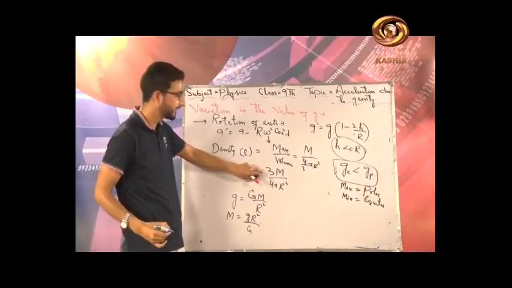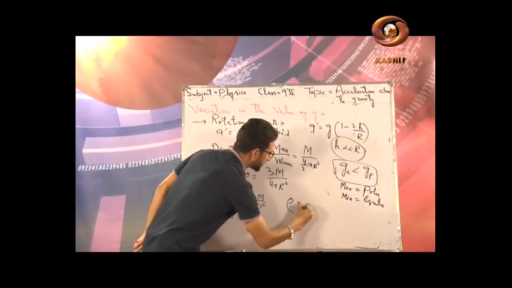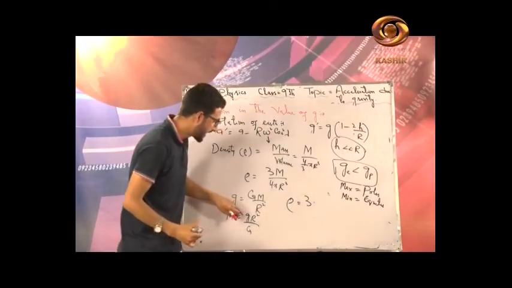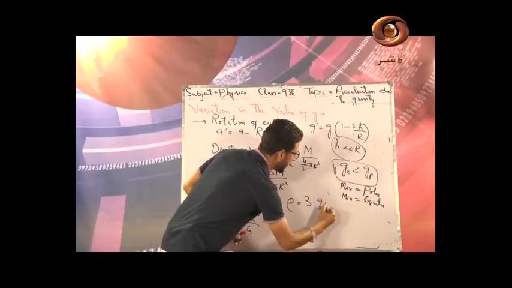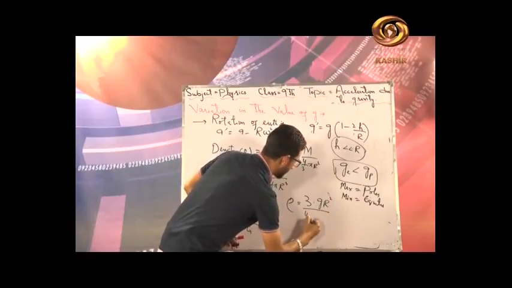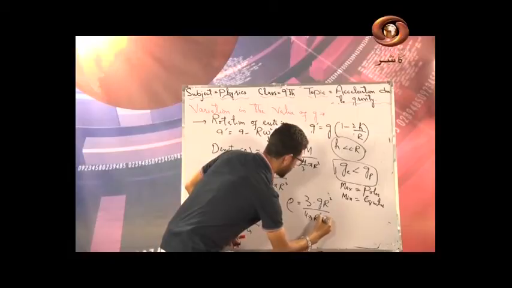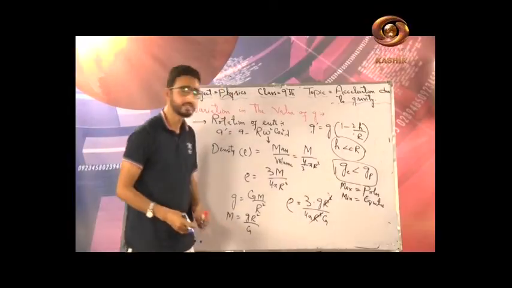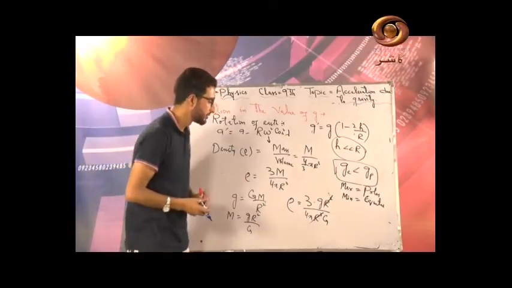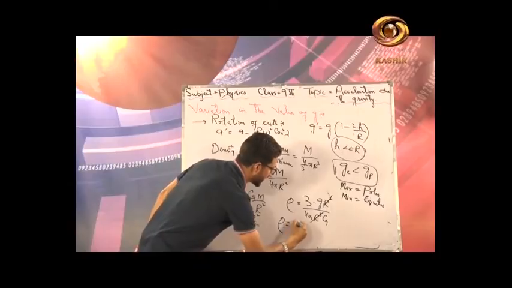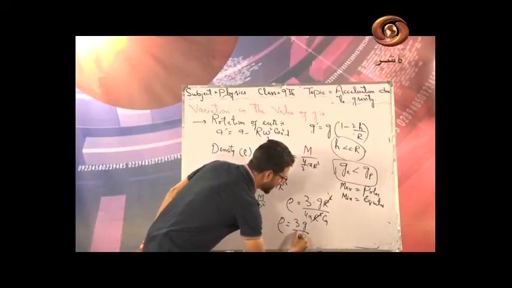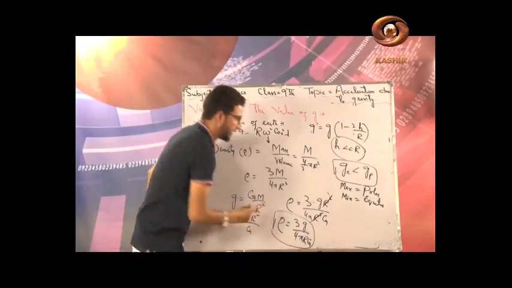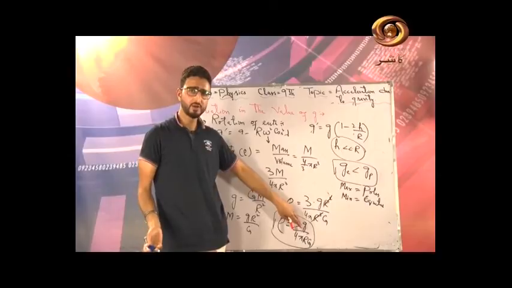Let me substitute it here. So the mean density of earth will be equal to 3 into, in place of M, g R square divided by 4 pi R cube into G. The R square and R square cancel, one R remains below. So the expression for density will be equal to 3g divided by 4 pi R G. Now, on the surface of Earth, you know the value of small g.